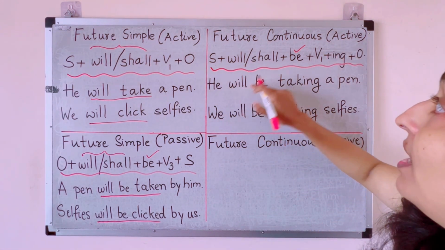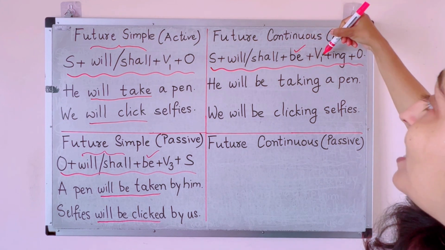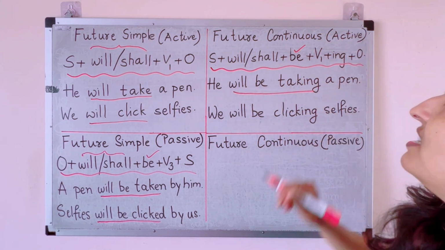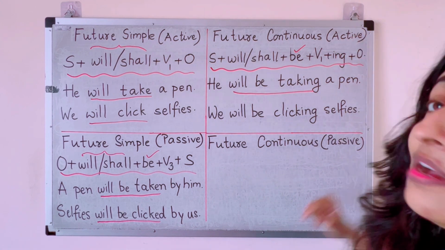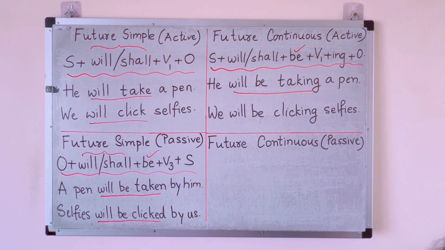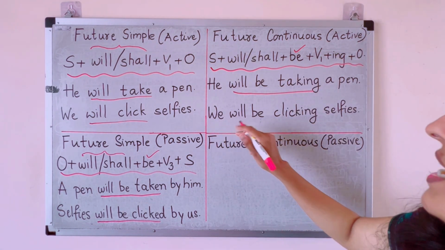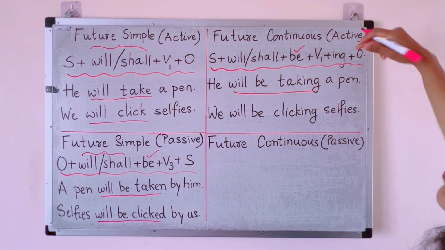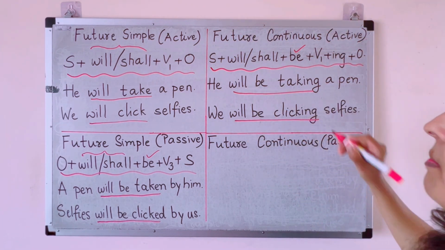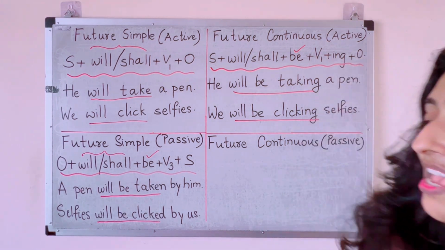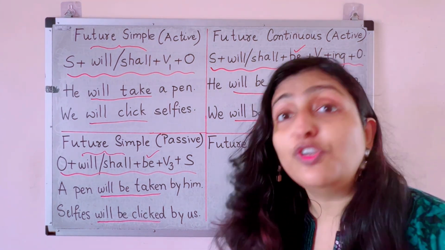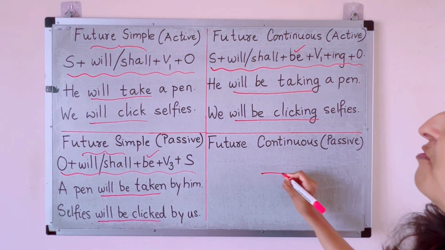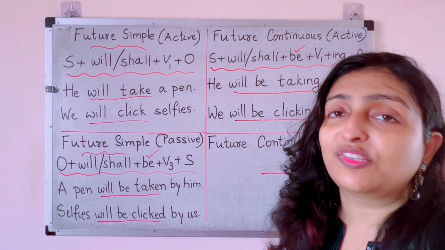He will be taking a pen. The second example becomes we will be clicking selfies. Now you have good news, and that is there is no passive construction for future continuous tense.